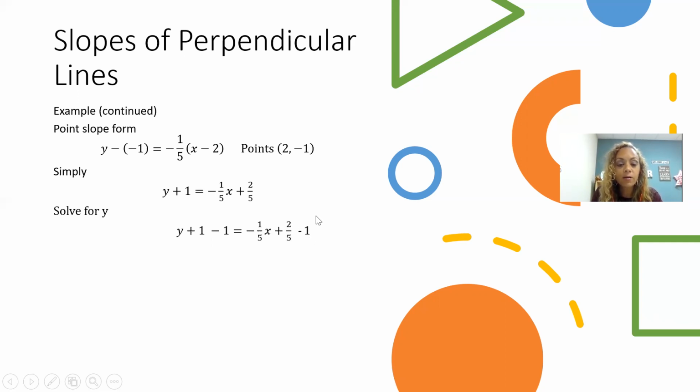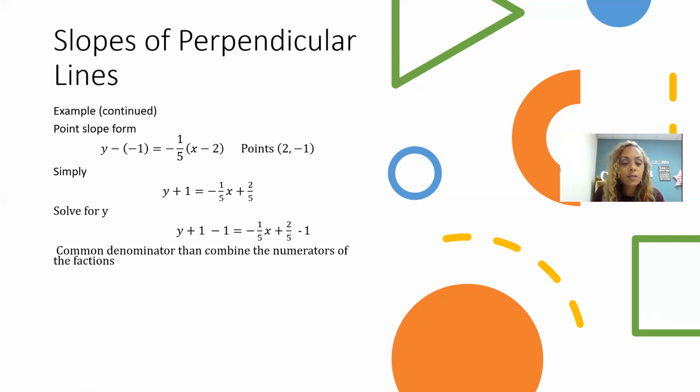Now, what did we say about adding or subtracting fractions? We have to get a common denominator in order to do so. So I'm going to turn this negative 1 into negative 5 over 5. So here's my new equation: y plus 1 minus 1 is equal to negative 1 over 5x plus 2 over 5 minus 5 over 5.